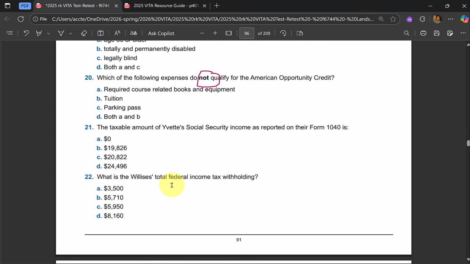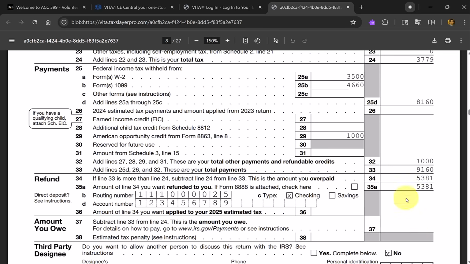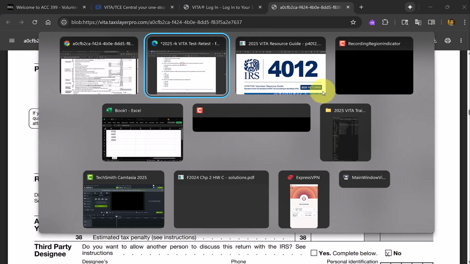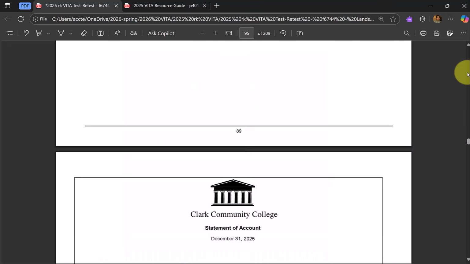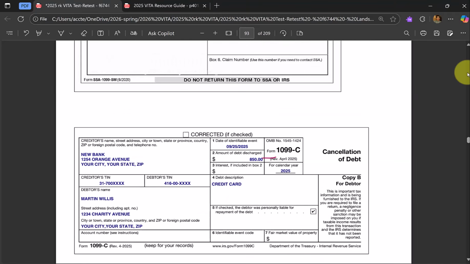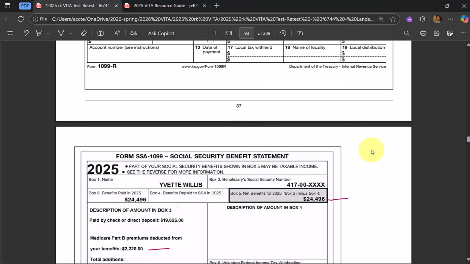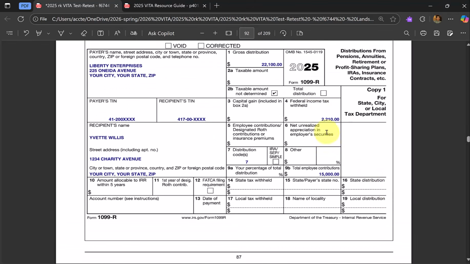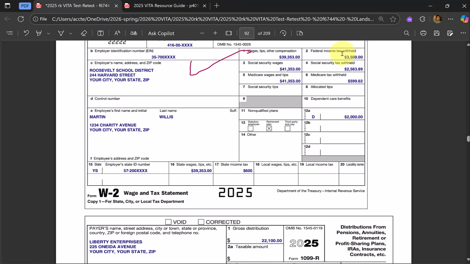What is the Willis's total federal income tax withholdings? I would go back to the source forms and add up all those amounts. Add up all these amounts here. Let's see if I can do that, point it out quickly. Nothing here, nothing here. This amount right here, withheld. Plus this amount withheld. And this 3,500 withheld.